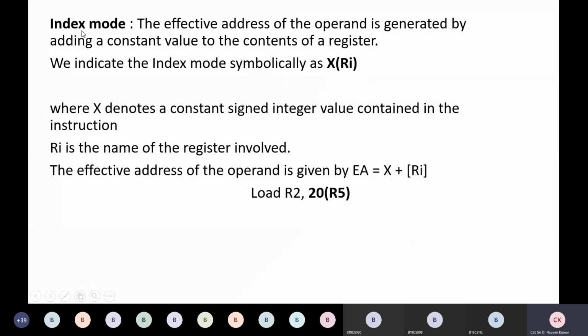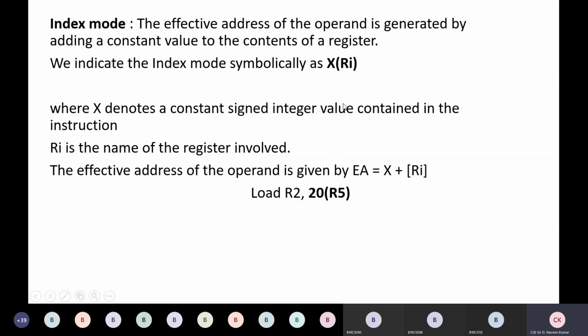Next mode is index mode. In the index mode, we represent the operand in this format: X and brackets Ri. What is X here? X denotes some integer value, maybe for example 20.